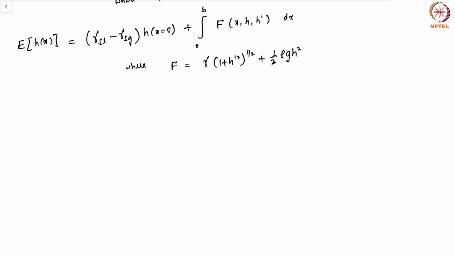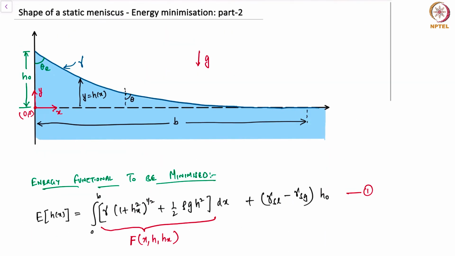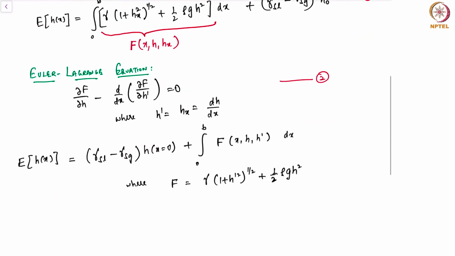Now we can also say that if we have an arbitrary meniscus as shown here, and let me erase a few things here, I want to perturb this. I want to look at a small deviation from this. Now h of x, what is it here? h of x is the extremal that we are interested in.